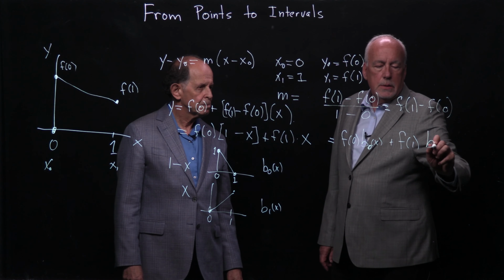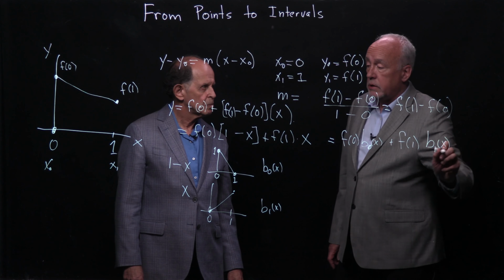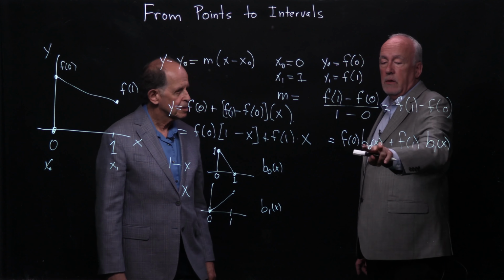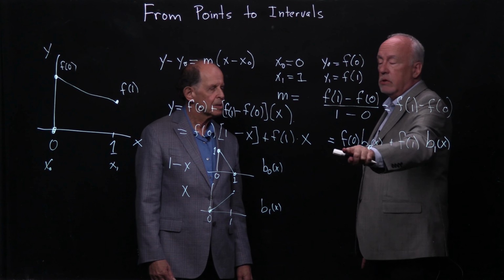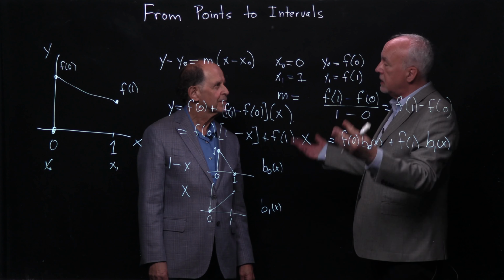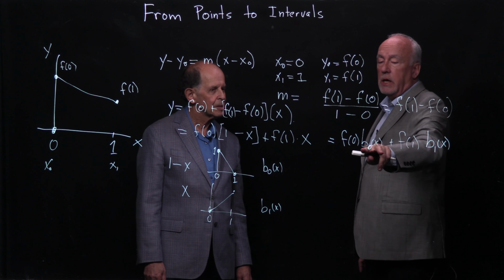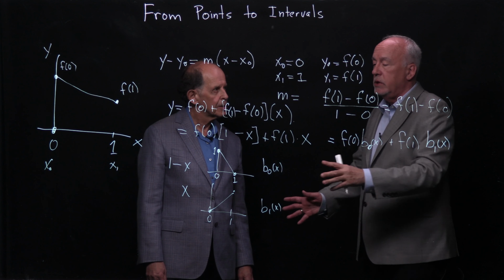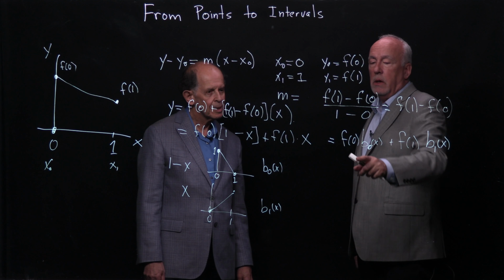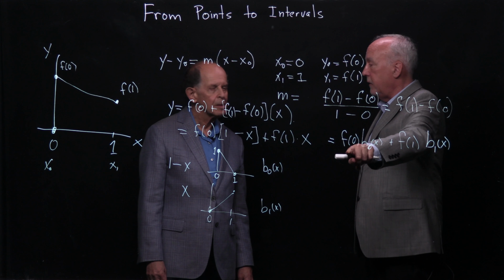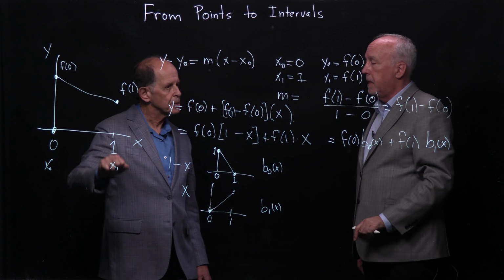Plus B1 times x. Now, if you've done some linear algebra, you've seen this idea before: you take basis functions and you take linear combinations. That's how we do our linear interpolation. We will take a bunch of basis functions like this. We start with these basic ones and shift them around to where we need them. And then we multiply them by the value of the function at those points, at the endpoints.